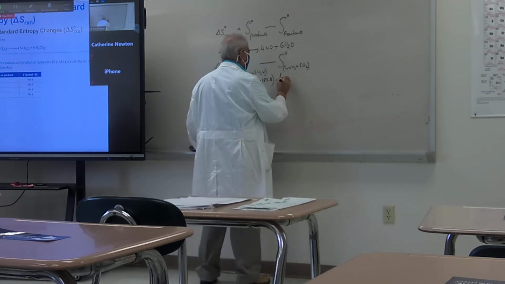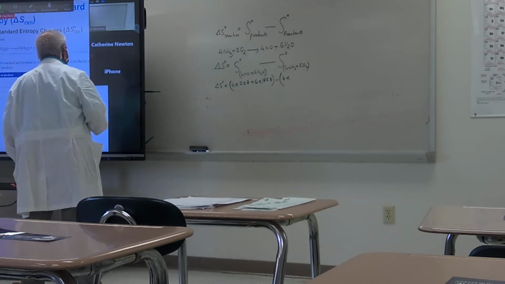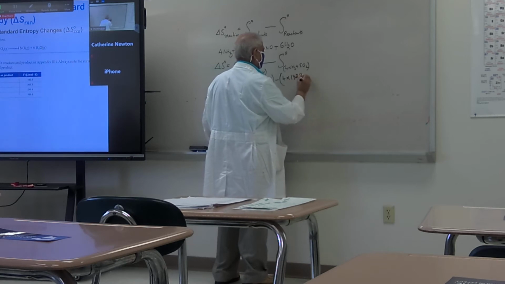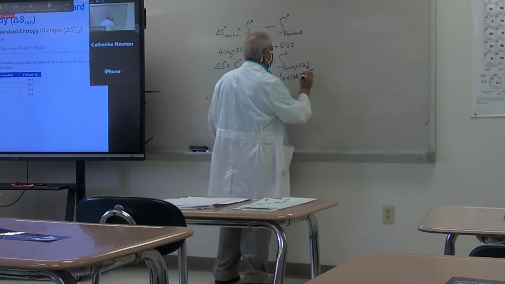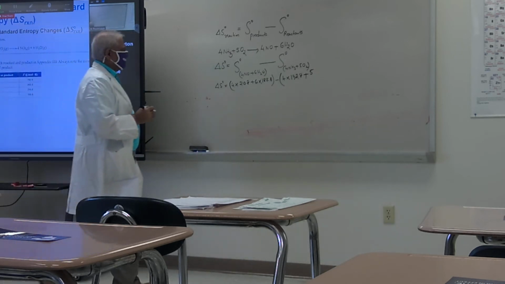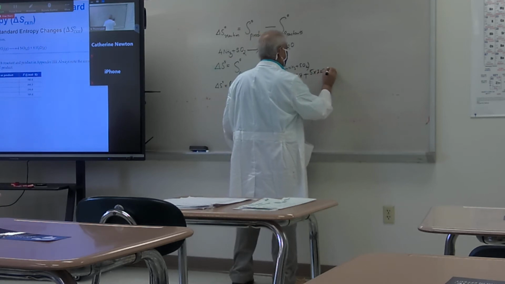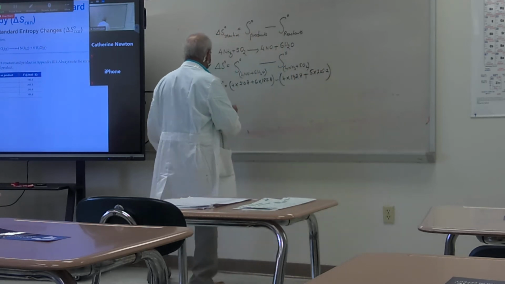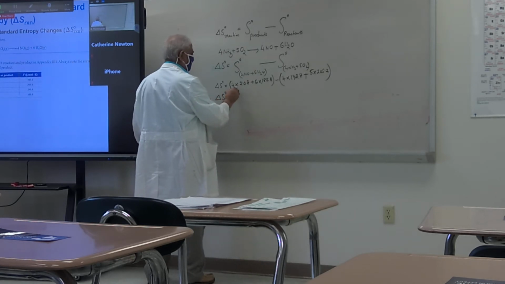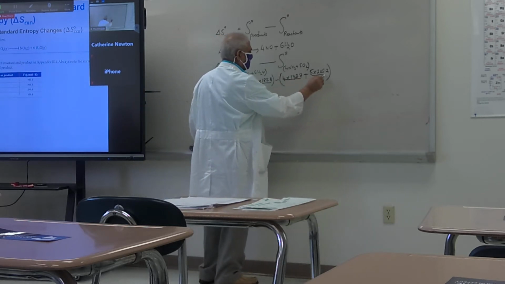Minus 4 times, what is the entropy of ammonia? 192.8. Somebody calculate this, okay? Plus 5 times, what is the entropy of oxygen? 205.2. Let's simplify this, please. 4 times this plus 6 times that, add that. 4 times of this, 5 times of that.